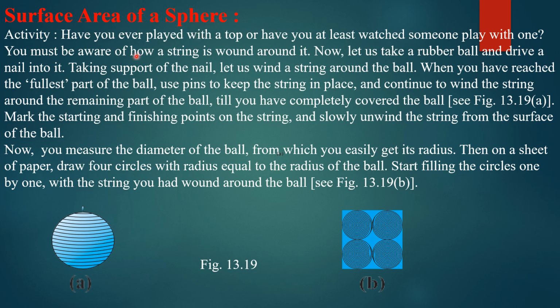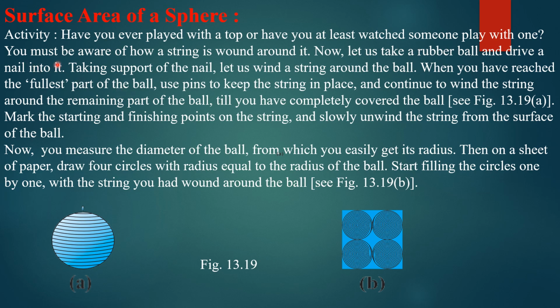In this slide, we are going to discuss the surface area of a sphere. To find the surface area of a sphere, let us do this activity. Okay, my children, have you ever played with a top, or have you at least watched someone play with one?